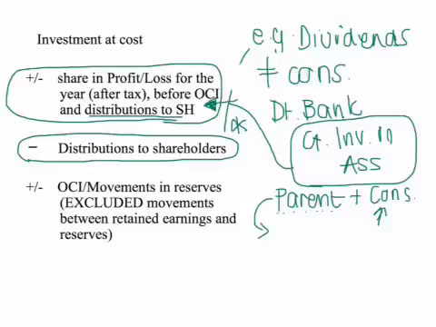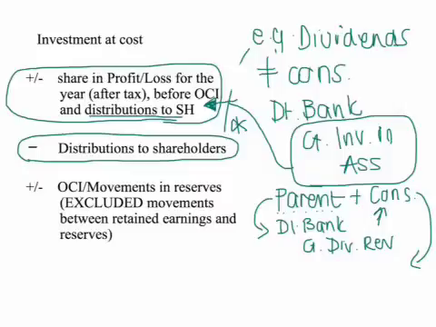So we'll see that in this case the parent will post an entry, debit bank, credit dividend revenue, but a consolidation entry will be posted to eliminate that dividend revenue by debiting our dividend revenue and crediting our investment in associate.